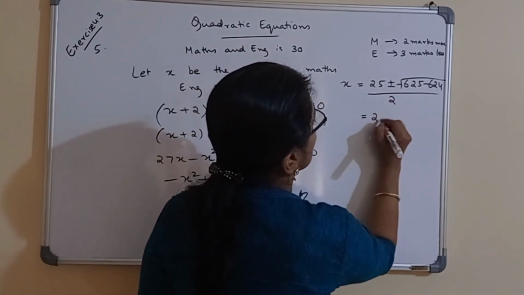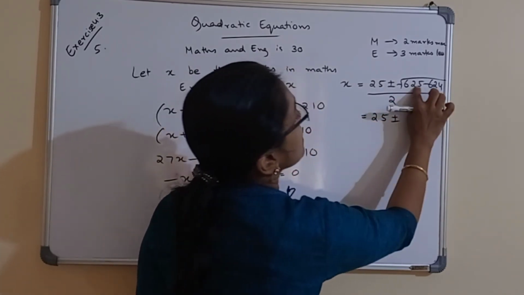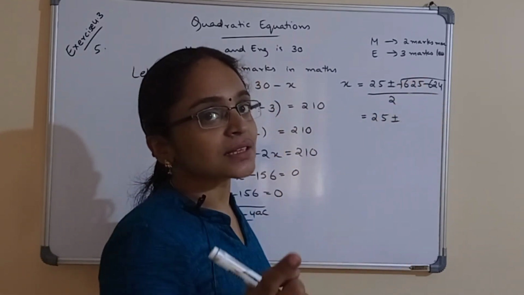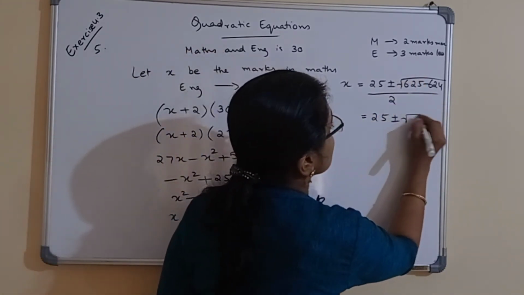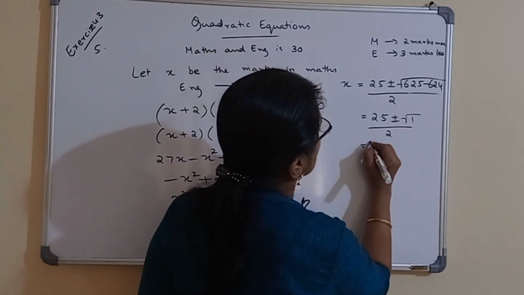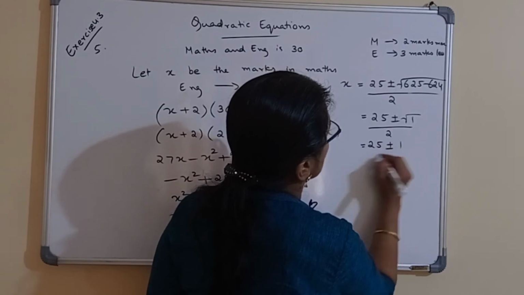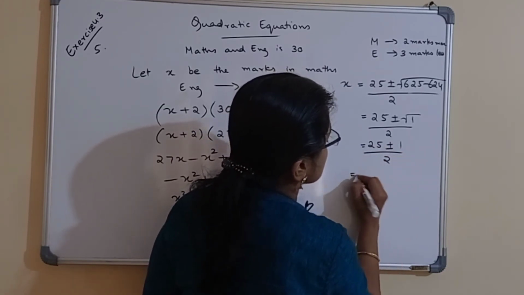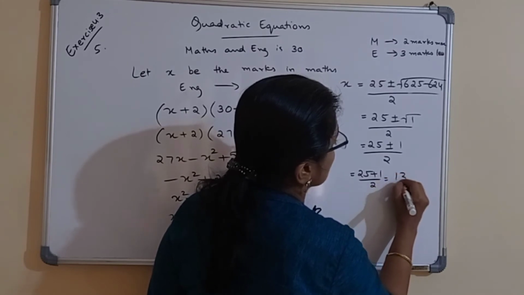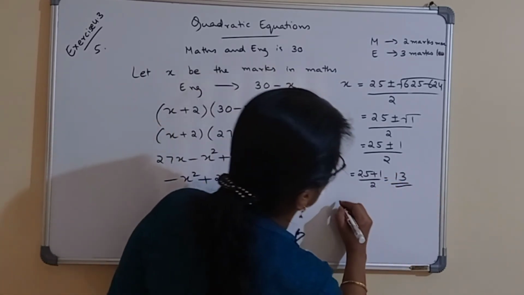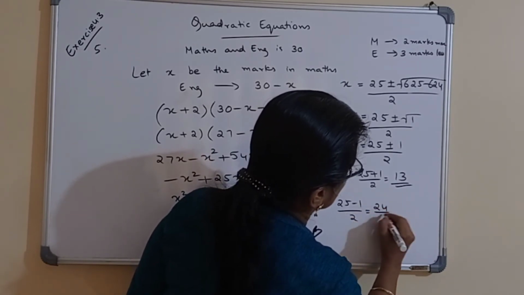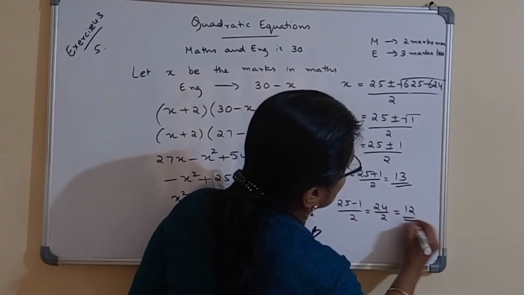So it is equal to 25 plus or minus root of 625 minus 624, which is root of 1, by 2. And root of 1 is 1. So 25 plus or minus 1 by 2, and that is equal to 25 plus 1 by 2, which is 26 by 2, 13, and 25 minus 1 by 2 is 24 by 2, which is equal to 12.